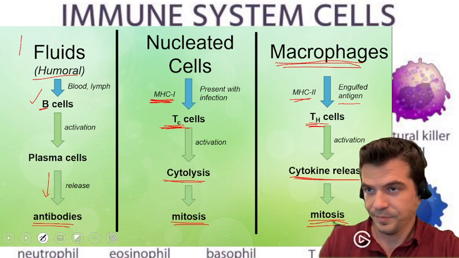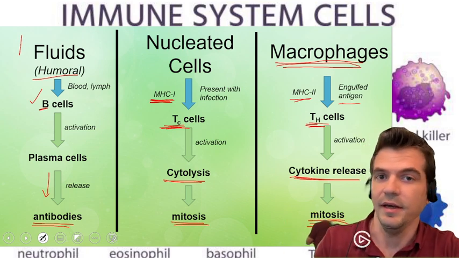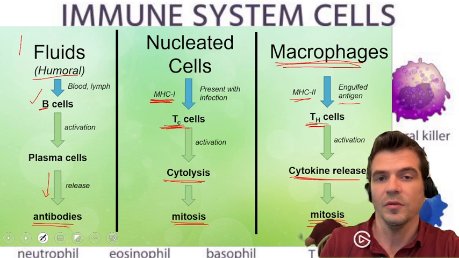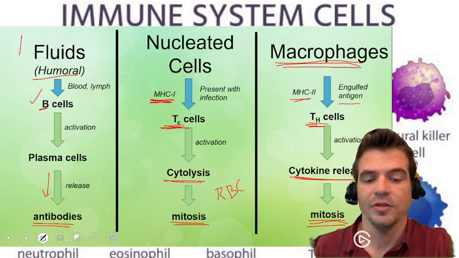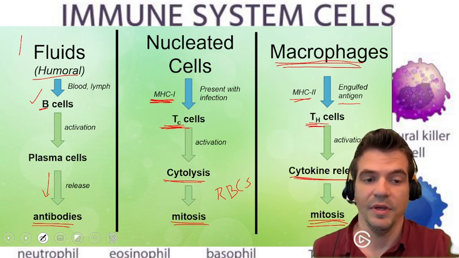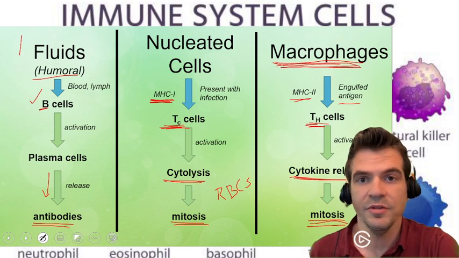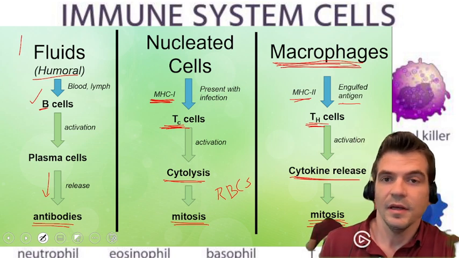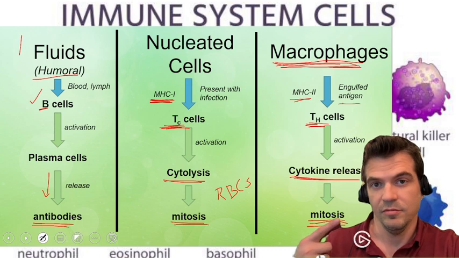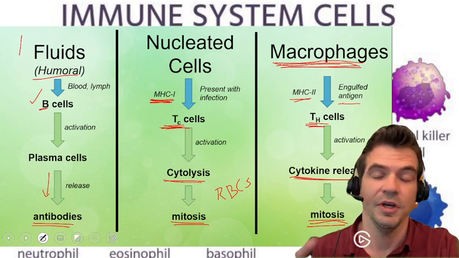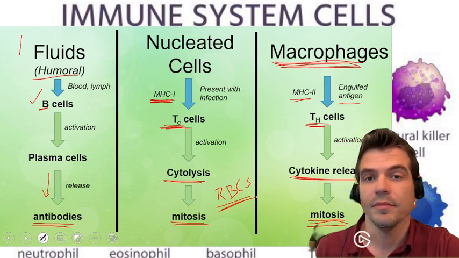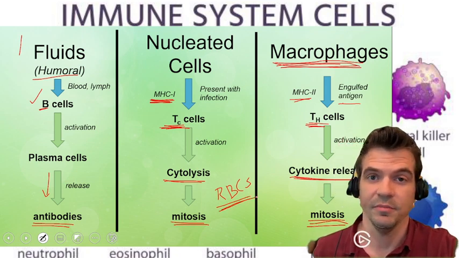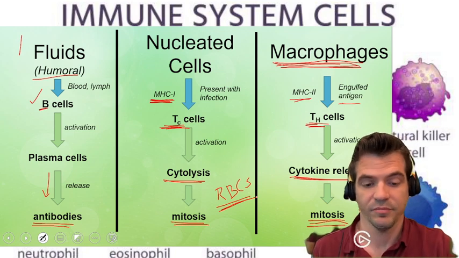And note, we don't see red blood cells on here. Red blood cells are not nucleated. If your red blood cells get infected, they end up either getting destroyed by the macrophages over time, or they just wait until they're destroyed naturally over their life cycle.